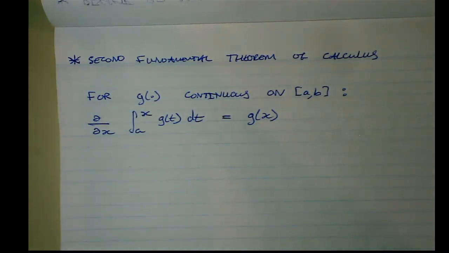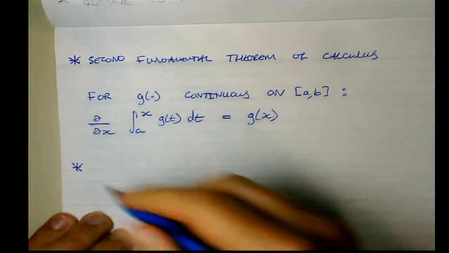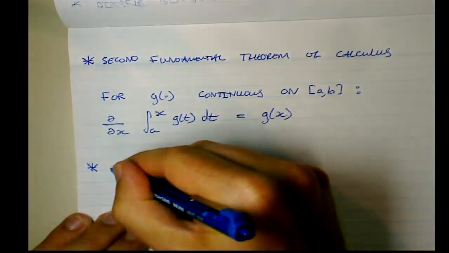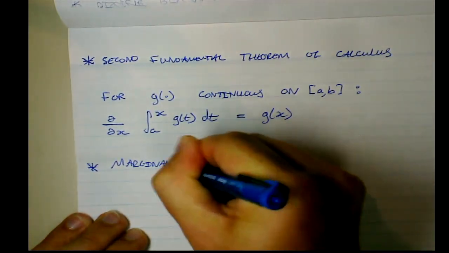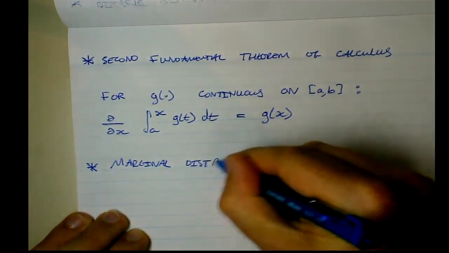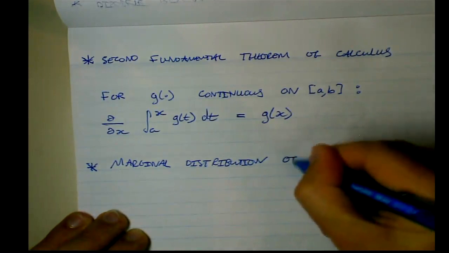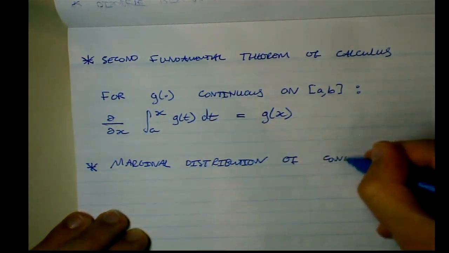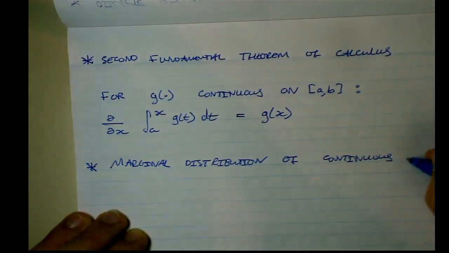Okay, so now we're going to use that. So what I'm going to do now, I'm going to show you how to get the marginal distribution of continuous random variables.